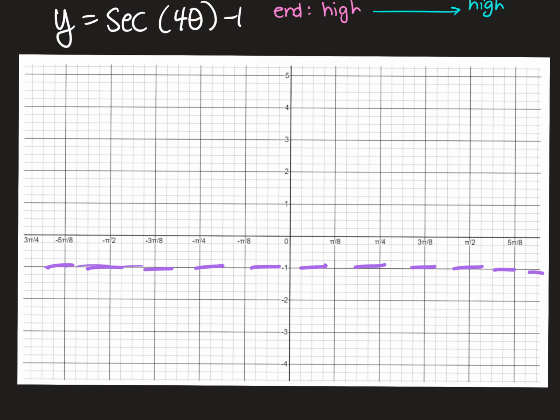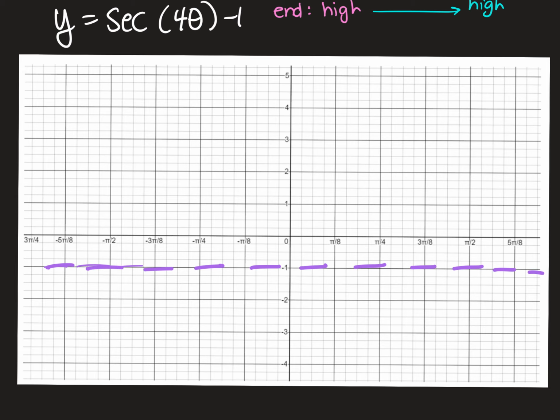Now, as I mentioned earlier, I'm not going to include the box for the amplitudes with any other graphs except for sine and cosine. It just gets messy, I think, otherwise. Okay. I know that cosine starts and ends at its highest point, and so does secant.